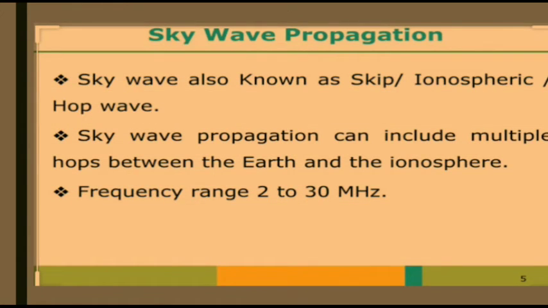Skywave propagation is also known as skip or ionospheric hop wave propagation. It can include multiple hops between the earth and the ionosphere. The frequency range, as I already said, is 2 to 30 megahertz, right? This is about skywave propagation.